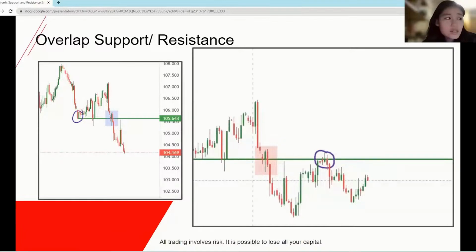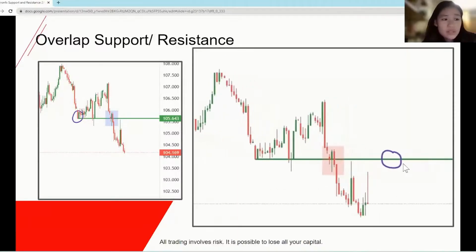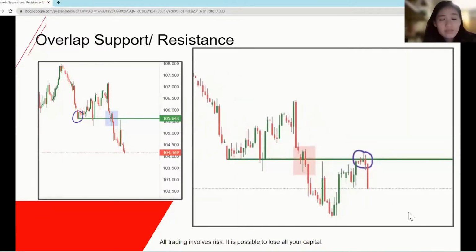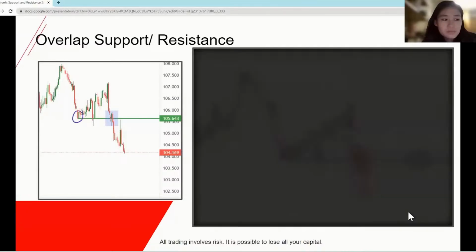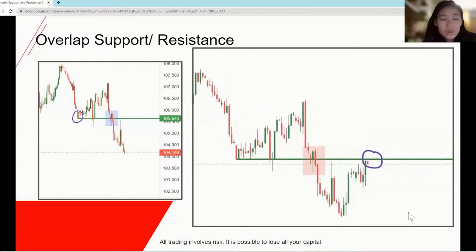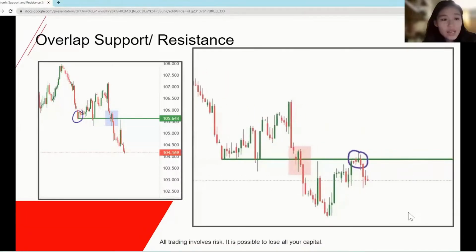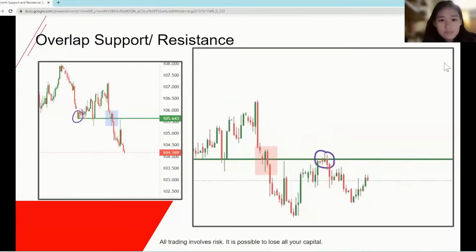Okay, so basically, when a swing low and a swing high line up in the same level, it's just an overlap level. And before the point when it forms a swing high, then it's a pullback.